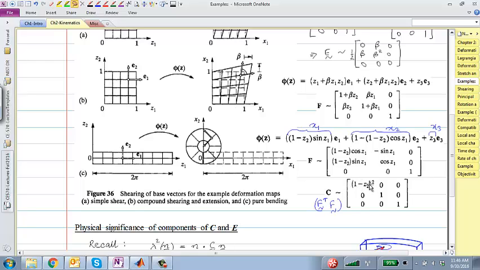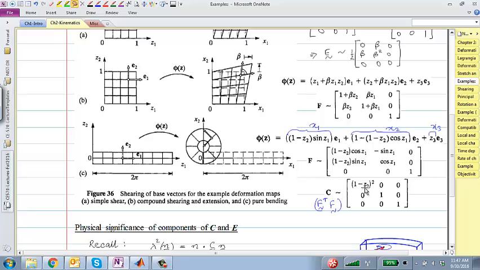Is there a good way to interpret this term? 1 minus z2 square, with respect to this undeformed configuration? If z2 is 0, then there is no deformation. Right, so if z2 is 0, this becomes identity, which means that the center line out here, that's where z2 is 0, there is no deformation. That line goes all the way around maintaining its length.